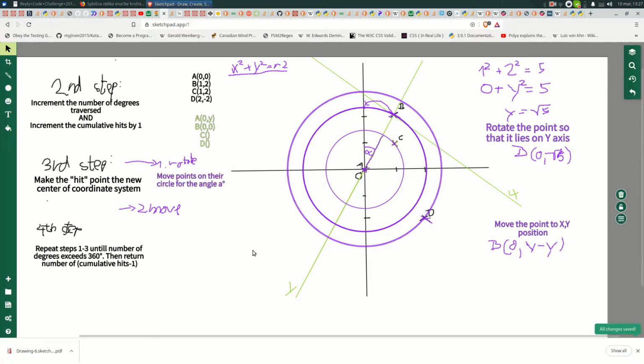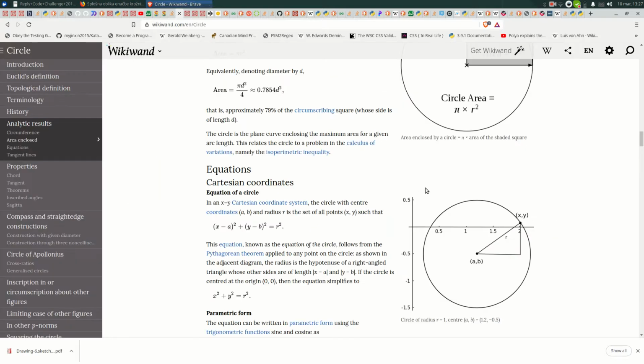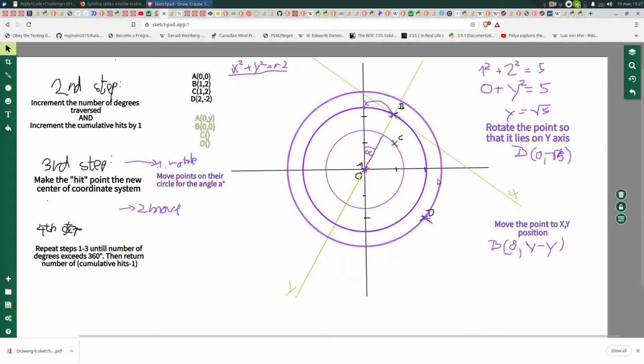So how do we do that? Over here we know how to do that. So how do we do that right over here? Because what do we know in this example? We know R. We know the whole equation for this circle right here.